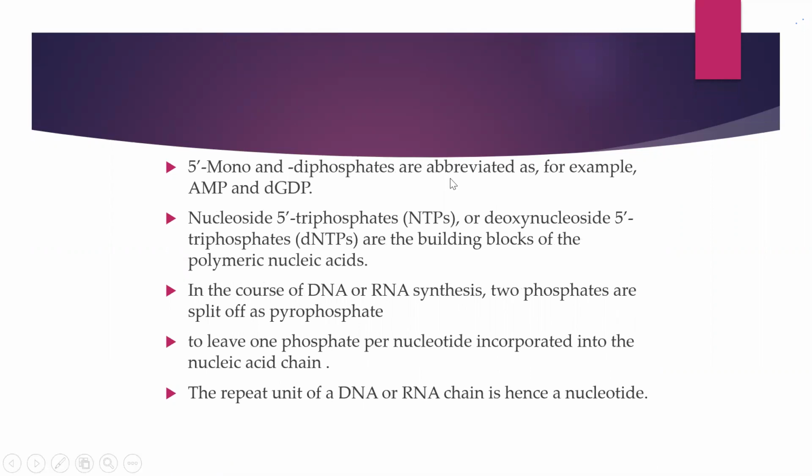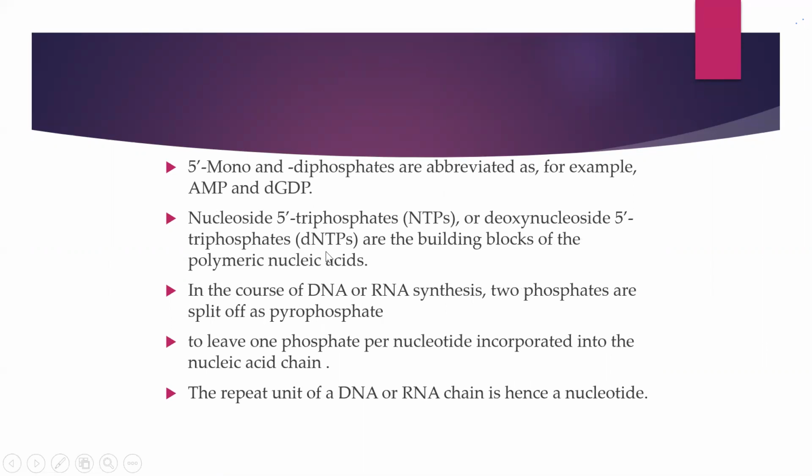So in case of mono and diphosphates, they could be abbreviated as, for example, adenosine monophosphate, deoxyguanosine diphosphate, which means dGDP. These nucleoside 5 triphosphates, commonly in short form, we can write as NTPs, or deoxynucleoside 5 triphosphates.